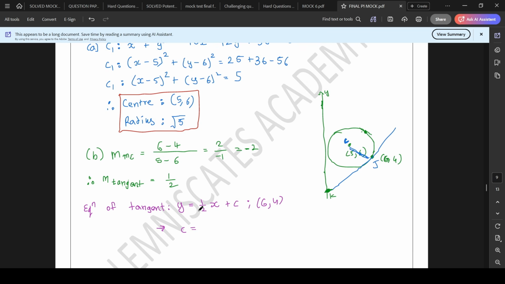So c will come out as y minus half x. 6 by 2 is 3, so c will come out as 1. And therefore the equation of the tangent that I've got is y equals half x plus 1. So let me highlight the answer.